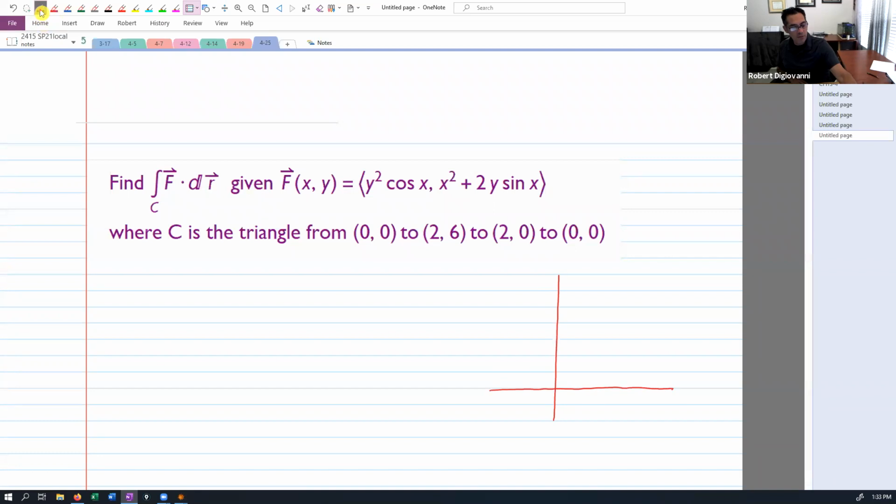It's actually not a curve, it's straight lines, but it starts out at 0, 0. It goes to 2, 6, and then back to 2, 0, and then back to 0, 0. So it goes like this, down, back over, and we're traveling in this direction.